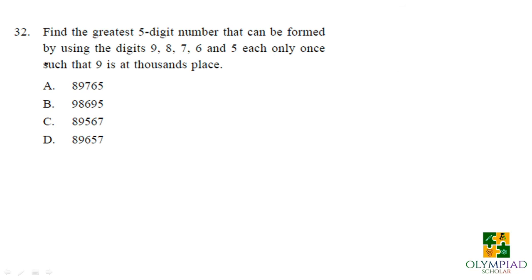Find the greatest 5-digit number that can be formed by using digits 9, 8, 7, 6 and 5, each only once. Let me start with a small example. Suppose you are given numbers 1, 7 and 3.